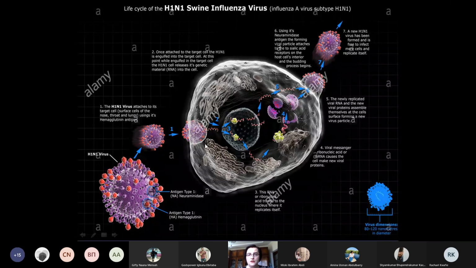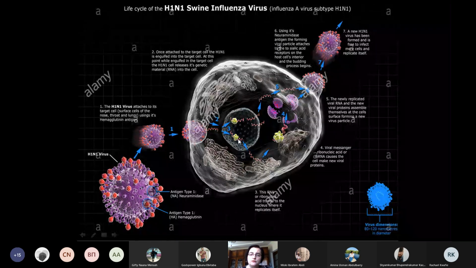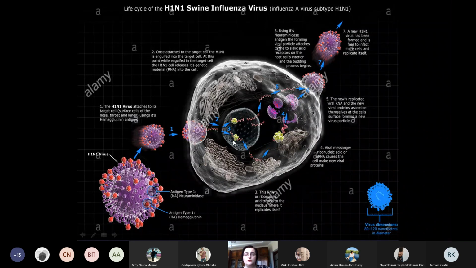While engulfed in the target cell, the influenza virus releases its genetic material, RNA, into the cell. This RNA, or ribonucleic acid, travels to the nucleus where it replicates itself.